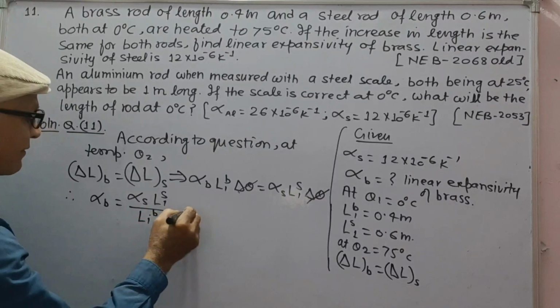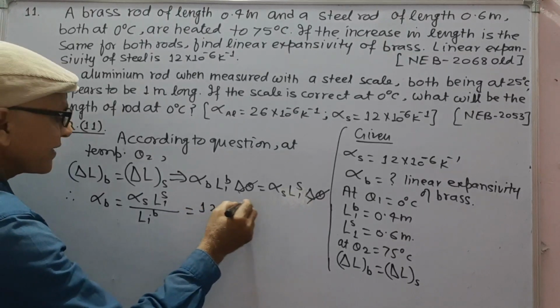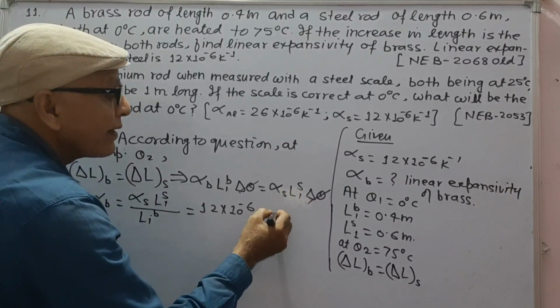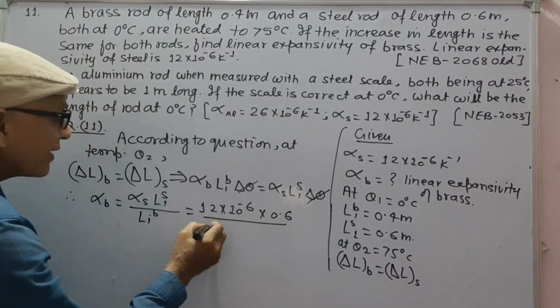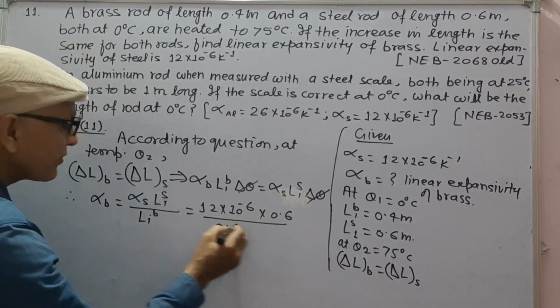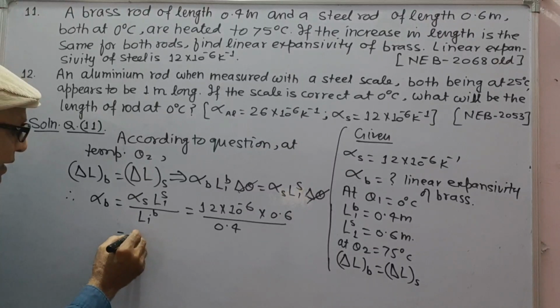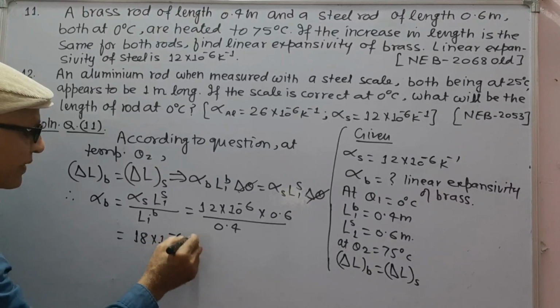Values are known: 12 into 10 to minus 6 into L1 steel is 0.6 upon L1 brass is 0.4. So we get alpha brass as 18 into 10 to minus 6 per Kelvin.